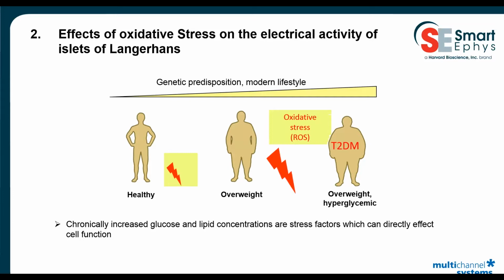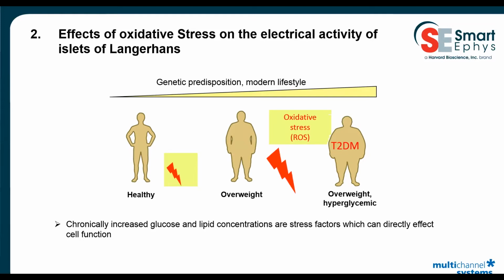So first of all, there are two main factors for the development of the disease. First of all, there's a strong genetic predisposition, of course, but even more important, a very strong correlation to modern lifestyle. So that means chronically increased glucose and lipid concentrations lead to overweight.